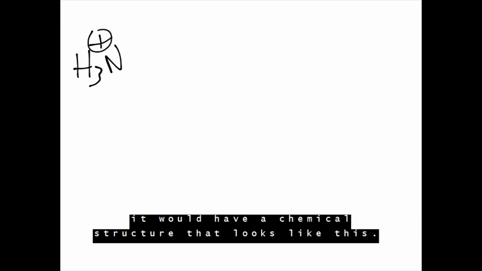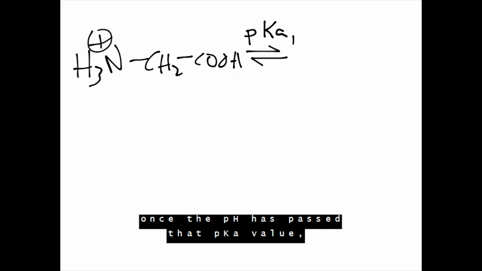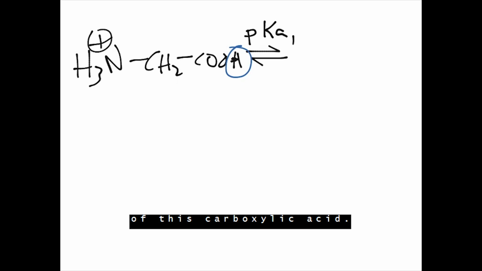So at the most acidic pH that we could get, where all the protons are still on glycine, it would have a chemical structure that looks like this. And the first pKa value, pKa1, which we said was 2.34, once the pH has passed that pKa value, we will lose our first proton, and that happens to be the pKa value for losing the proton off of this carboxylic acid.